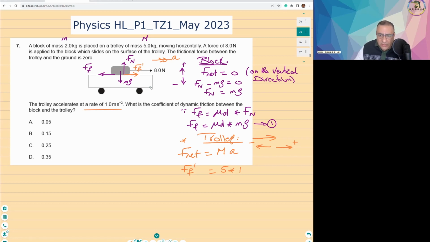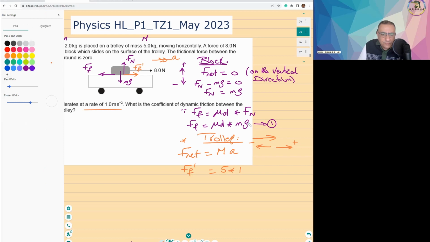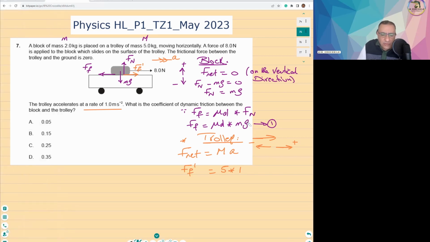Since we've got a formula from equation 1 for the frictional force, equal to mu sub d times small m g, I can replace the frictional force f sub f prime by mu sub d times small m times g, which equals 5. Small m here is 2 kilograms. g is 10 meters per second squared.